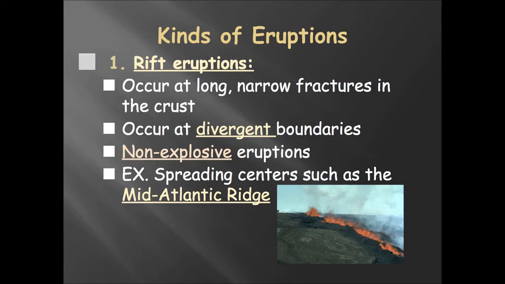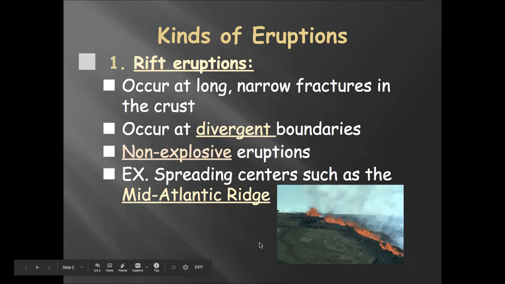So this is at a divergent boundary. Rift eruptions are generally non-explosive. So you might be saying, well, that looks pretty explosive to me, Miss Summers. What we mean by non-explosive is that it's not like a Mount St. Helens or a Vesuvius, Pompeii type deal. This magma is flowing quietly onto the Earth's surface.